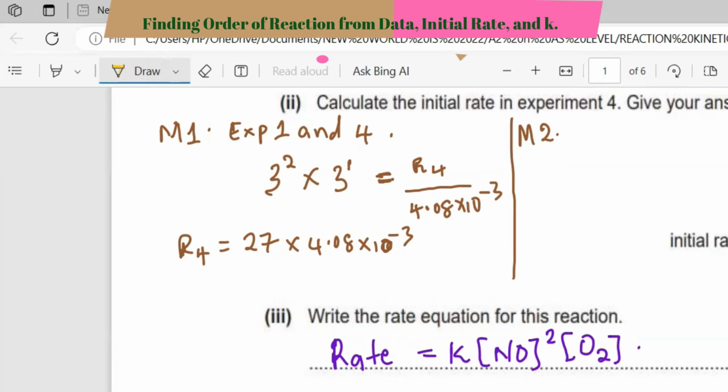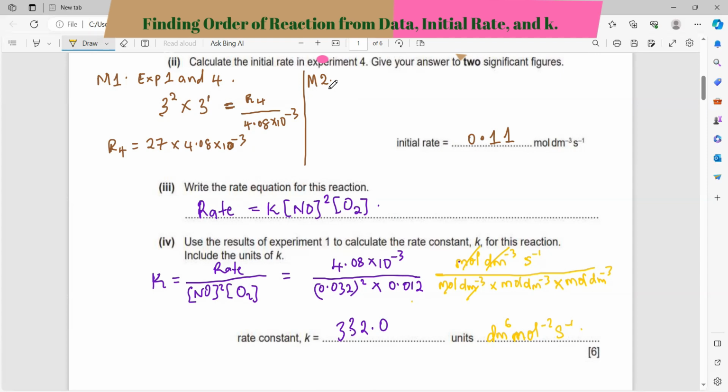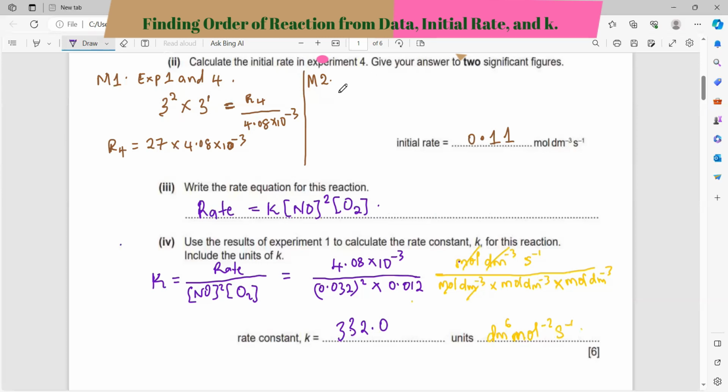Thank you for that. Now, before we round up, I want us to remember method 2 for your experiment 4. Experiment 4, I will go to this. Now, for your method 2, you just need to use now the rate constant.